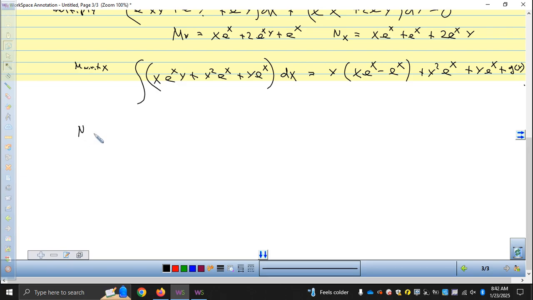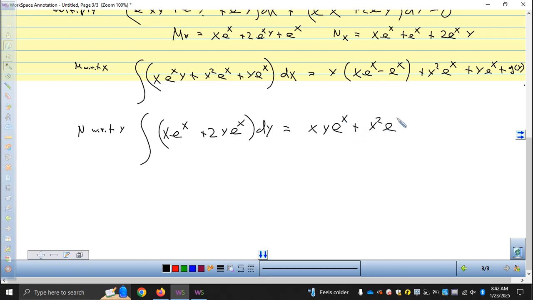And we integrate N with respect to y. So we're integrating x e to the x plus 2y e to the x dy. And I get x y e to the x plus y squared e to the x plus possibly some function of x.